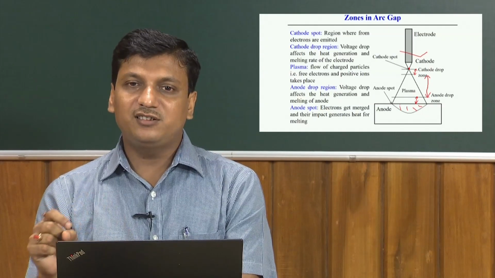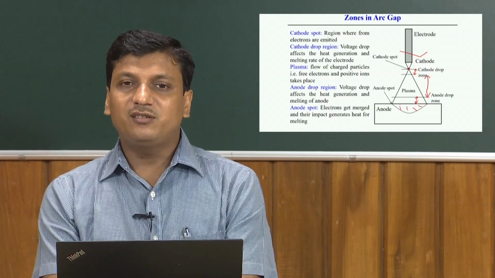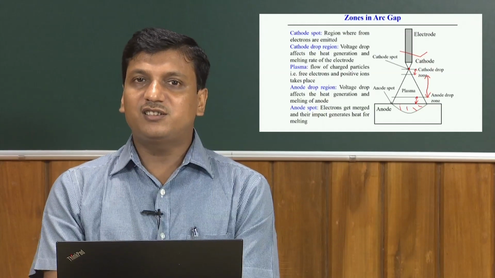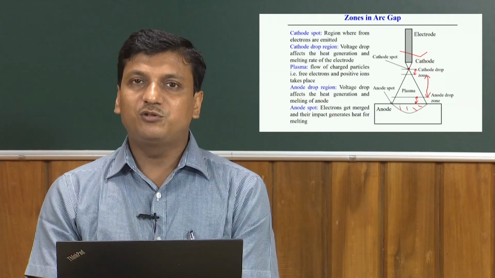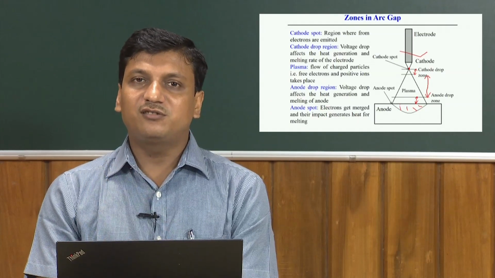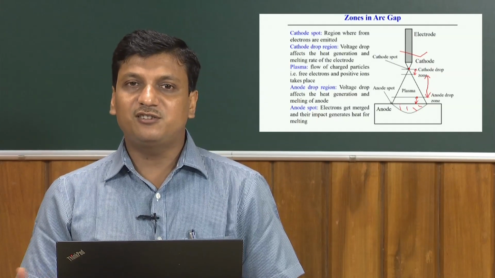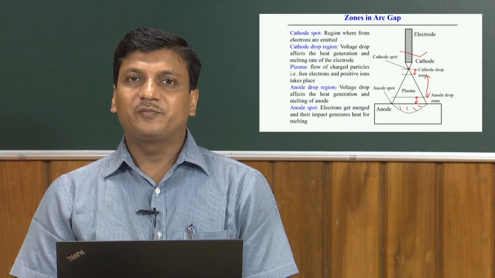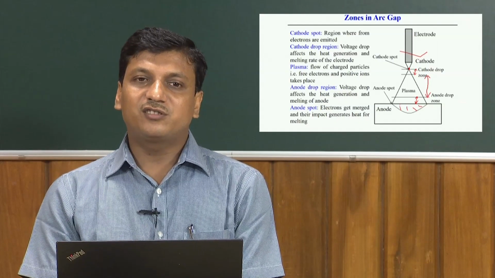The melting of the workpiece, or the maximum temperature reached by the workpiece, depends on the anode drop zone. The plasma zone contains free electrons and positive ions, and there may be some voltage drop there also.